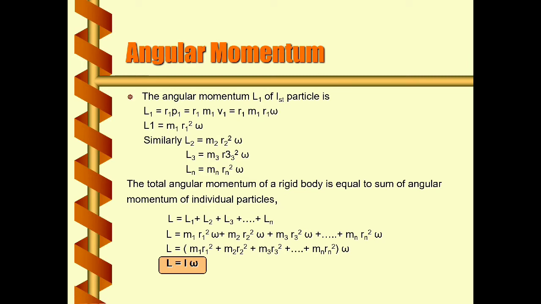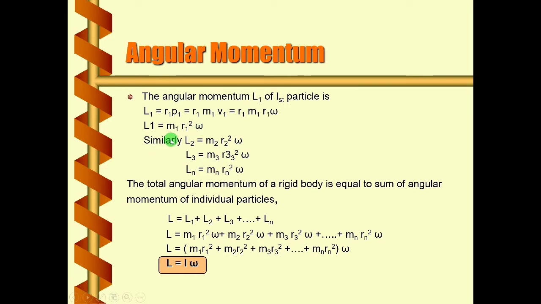Here you can multiply these two terms of r1, so our expression will be L1 equal to m1 r1 square omega. This we wrote for the first particle.